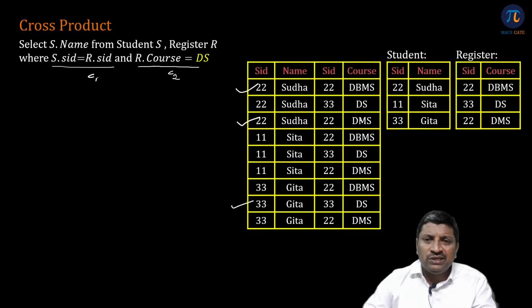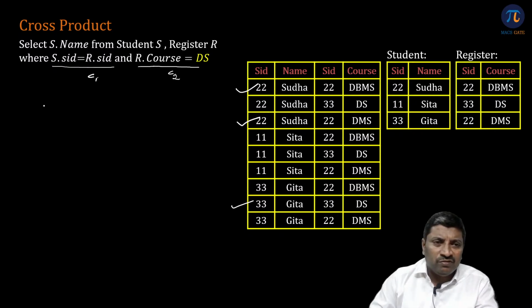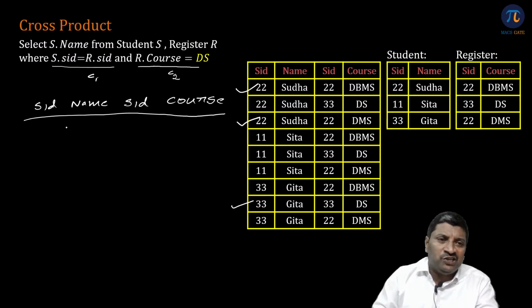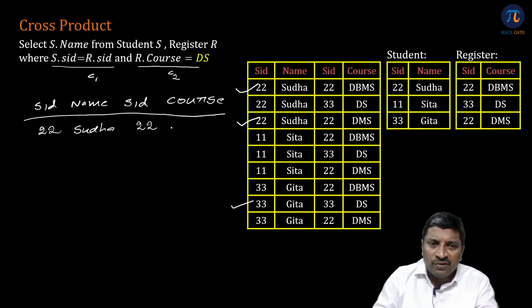Now from these, how many do you need, sir? For our clarity, let me write it again. SID, name, SID, course. From the first condition, what are the records you got, sir? DBMS.